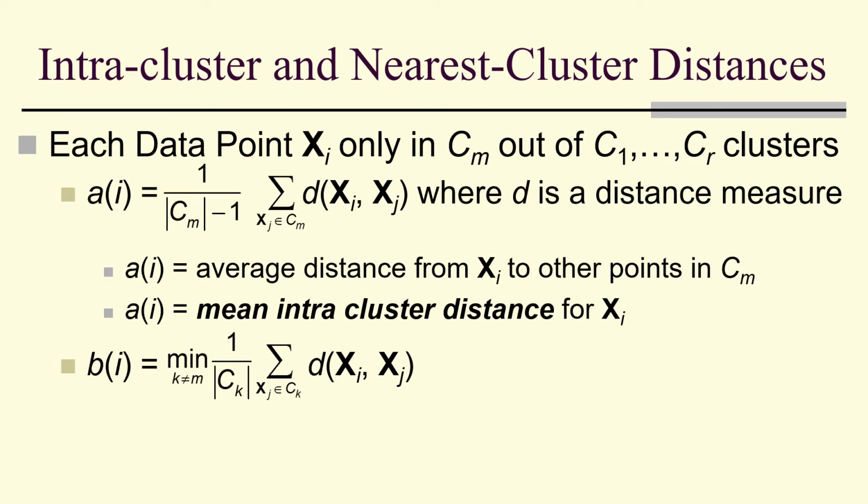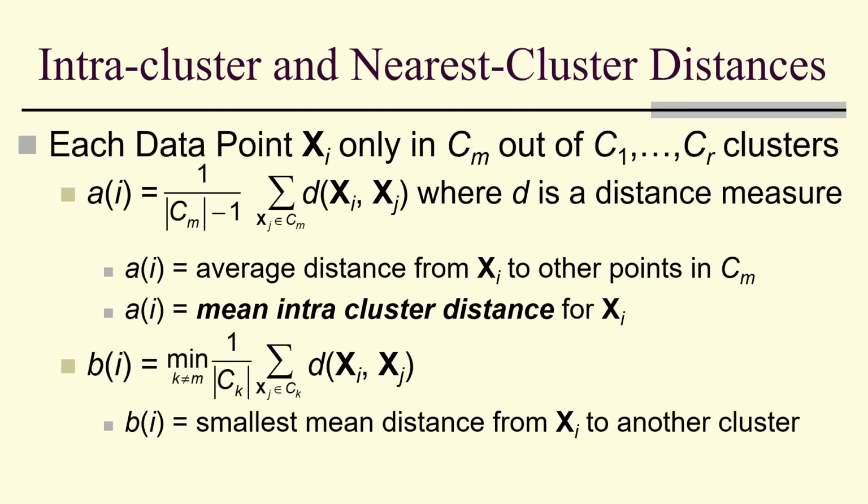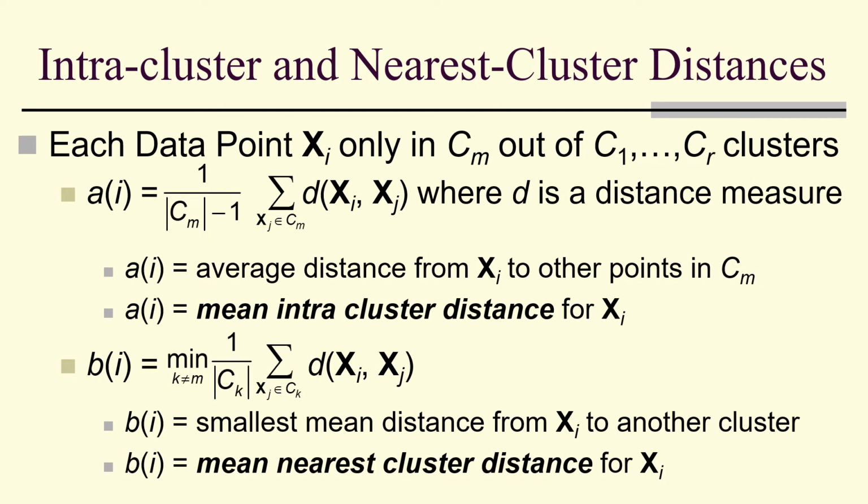b sub i is where we take the minimum over clusters other than the m cluster, so k cannot be equal to m. But once again, it's an average. It's the average distance from the x sub i to the next closest cluster. So it's the smallest mean distance from x sub i to another cluster, or the mean nearest cluster distance.